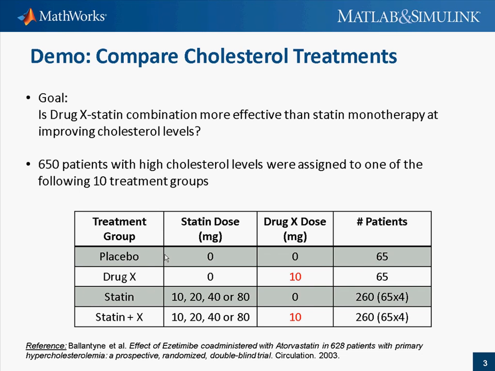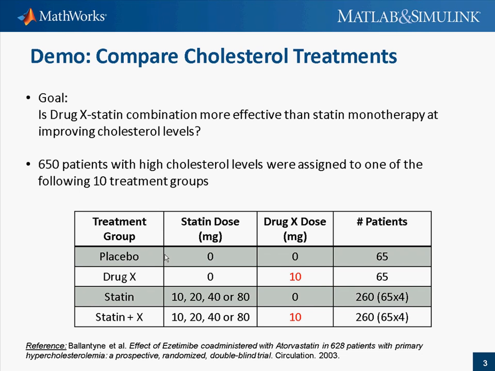The third group is the statin monotherapy group, and this has 4 subgroups within it. The patients within the statin monotherapy group would receive either 10, 20, 40, or 80 milligrams of statin and no drug X. And finally, we have the statin plus X, or the combination therapy group, where 10 milligrams of drug X would be introduced with either 10, 20, 40, or 80 milligrams of statin.